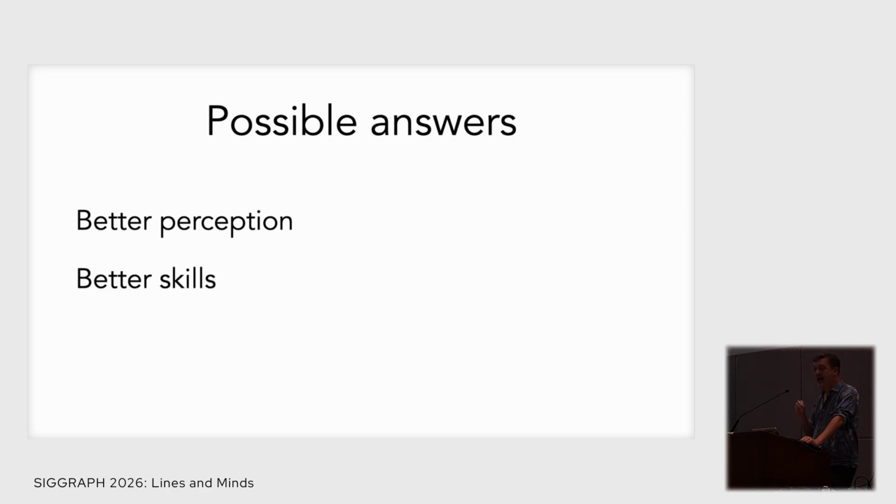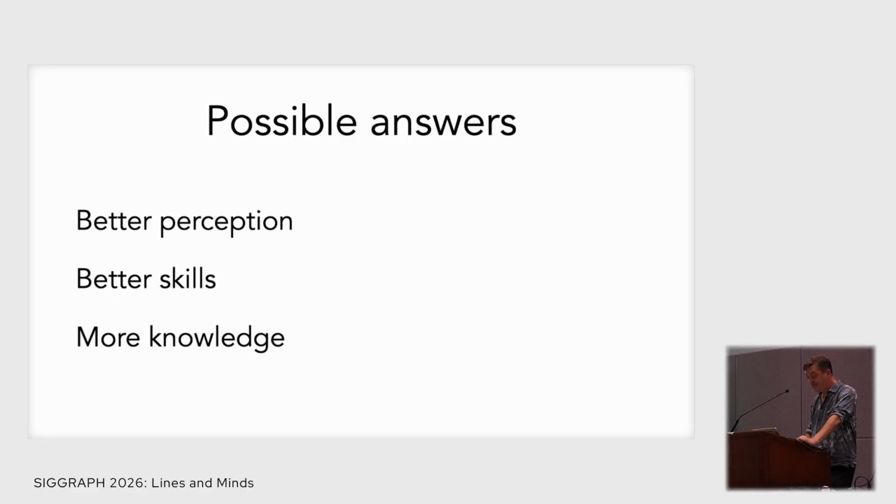It could be that people who are better at drawing pictures have learned better skills. And I've already alluded a little bit to how you can learn the skill of drawing, learning to go back and forth and draw, or this process of transferring information is a skilled process.